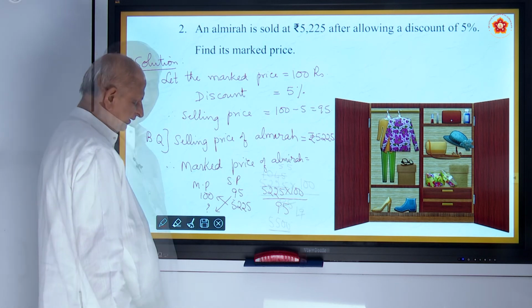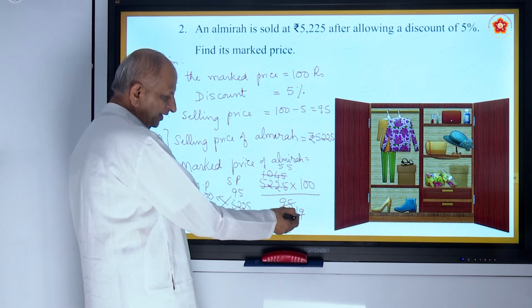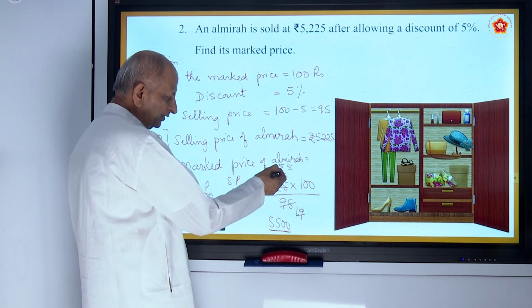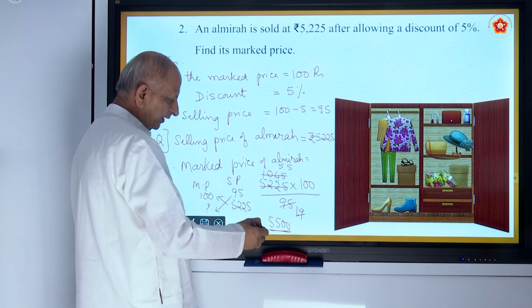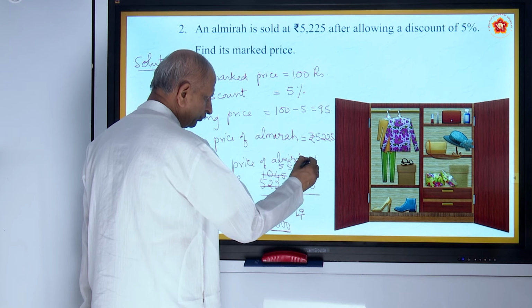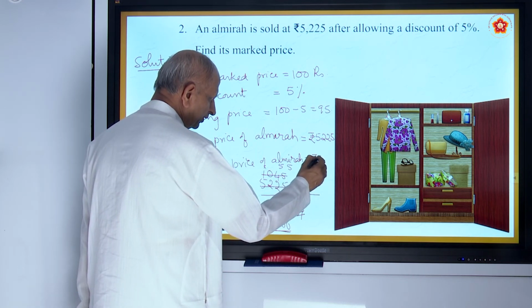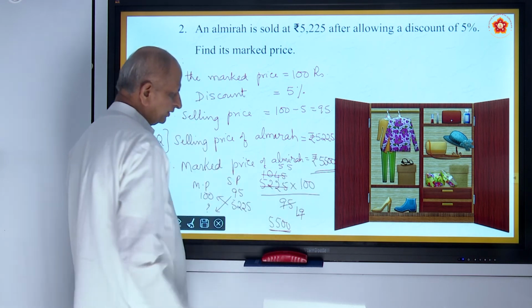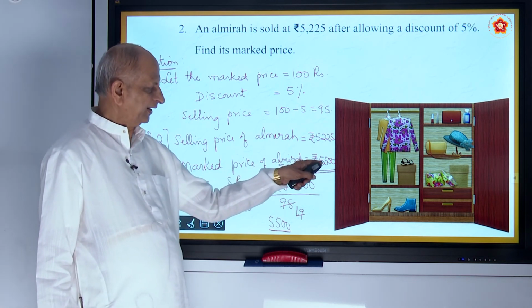So if you cancel, 5 19s are 95. 19 ones are 19, 5 5s are 25, 9 remains, 95, 55. So 55 into 100, 5500. So much of rupees, 5500. That is the answer. So Almirah cost is 5500.